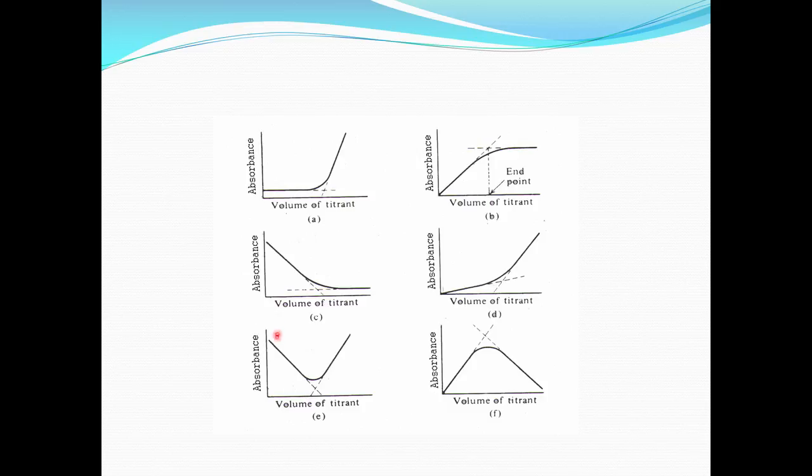So, if you get a curve something like this, I would simply conclude that there is a complex formation here, the complex is getting used up, the metal ion is getting used up, but at the same time another complex is formed which is almost of the same color, because I am not changing the wavelength, and then that complex color also keeps on increasing.